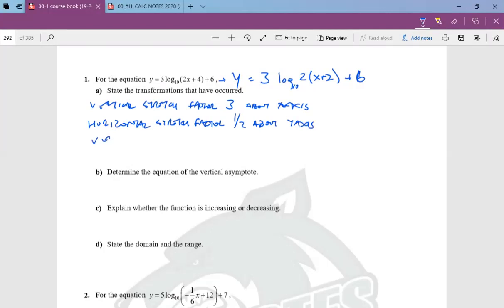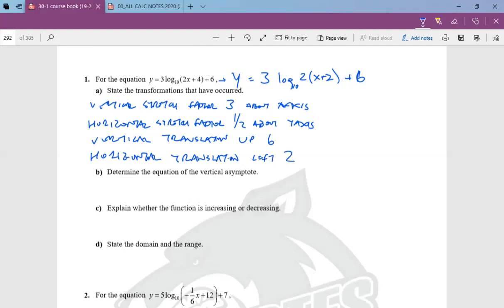We have a vertical translation up by 6. And our last piece is our horizontal translation. We now have an h value that's negative 2, so this is going to the left by 2.